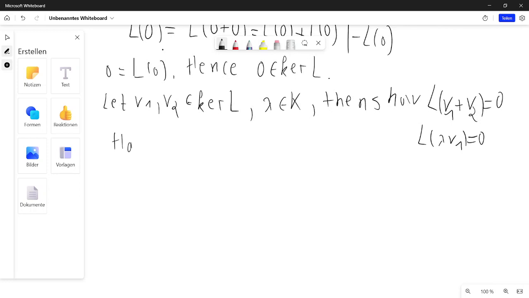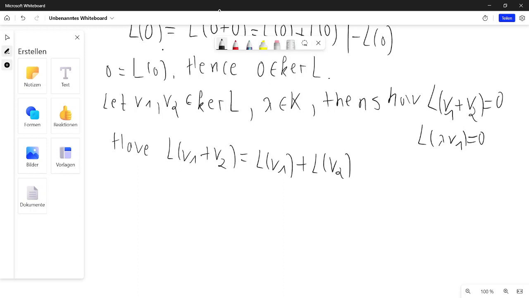We have L(v1 + v2). Just use linearity like above. By linearity, L is compatible with addition.